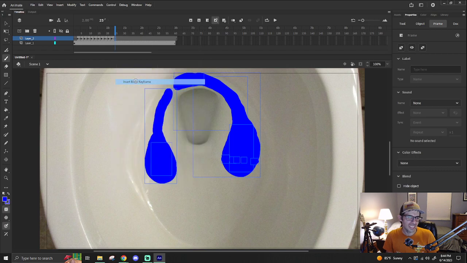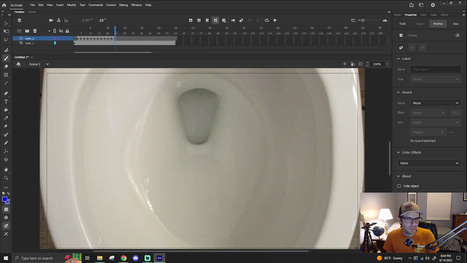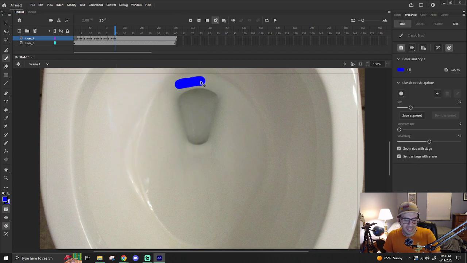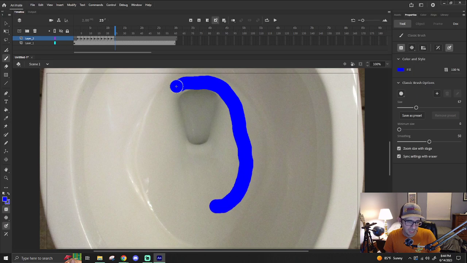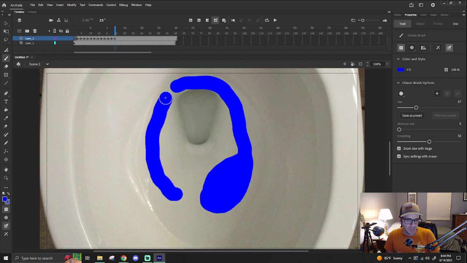Let's say blank keyframe. Make this even bigger. That's way bigger. Where it starts to roll it up.